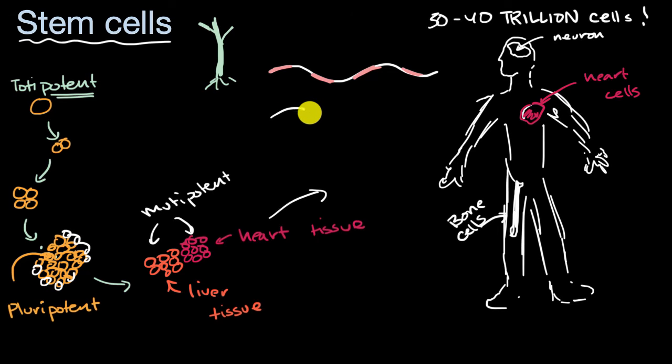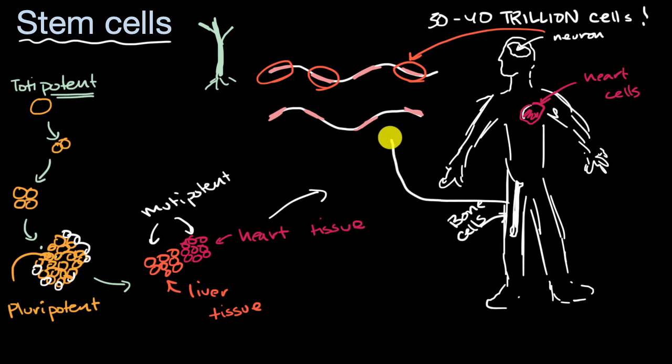Especially if they have the same DNA. So every cell has the same DNA that has the same genes on it, but they express different combinations of those genes. For example, if this top one over here is a nerve cell, maybe it expresses this gene and this gene, while if this is a bone cell right over here, it might express this gene and this gene. And that's why they are different.